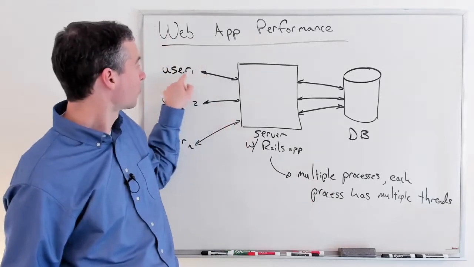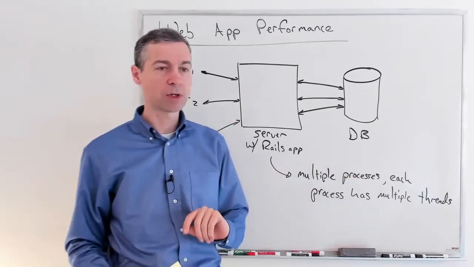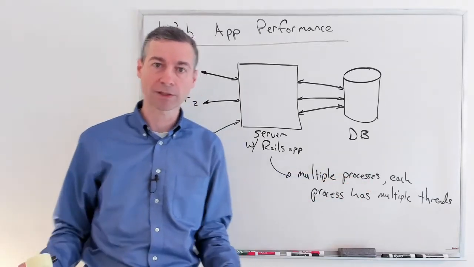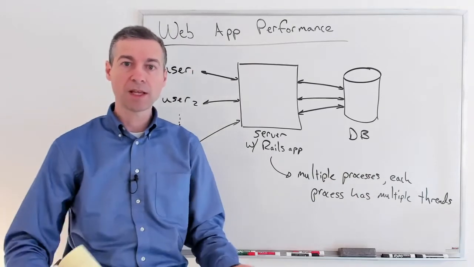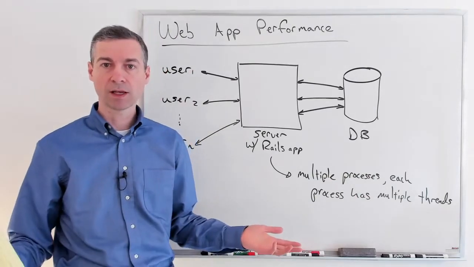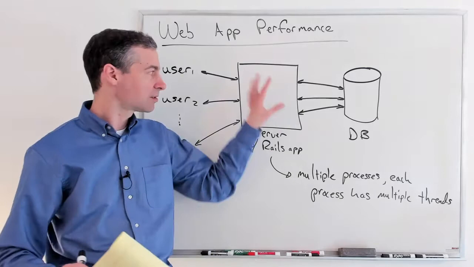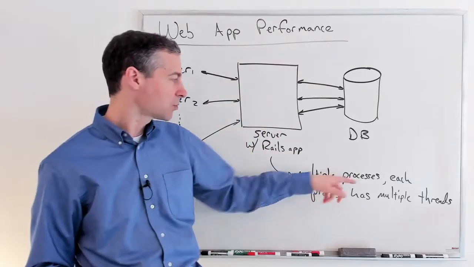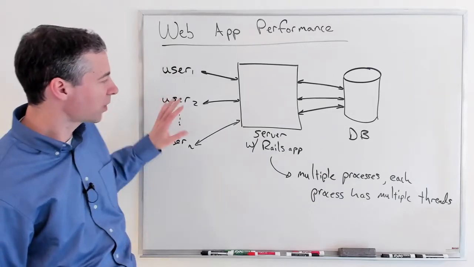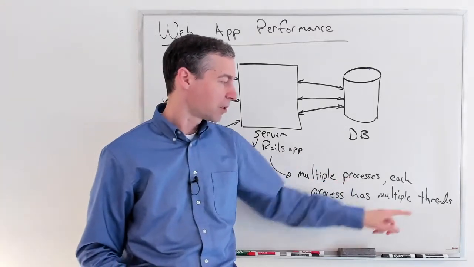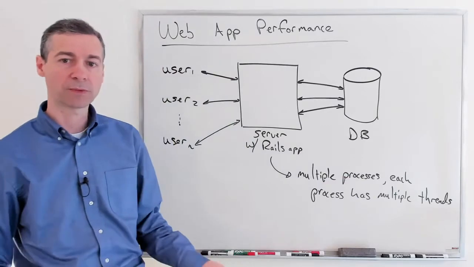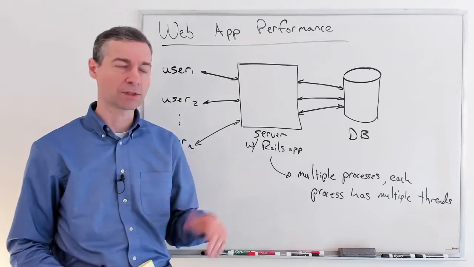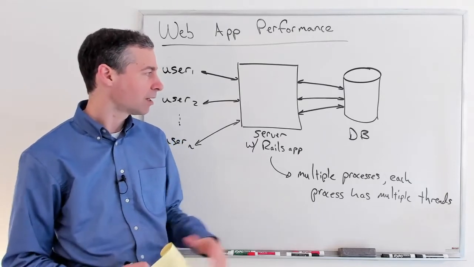A request from user 1 could be handled by one of those processes, and the request from user 2 could be handled by a different one simultaneously. That's great. This system is able to handle lots of requests at the same time. Likewise, we could have multiple requests come into the same process, but they could be handled by multiple threads within that process, again giving us this concurrency, this parallelism.